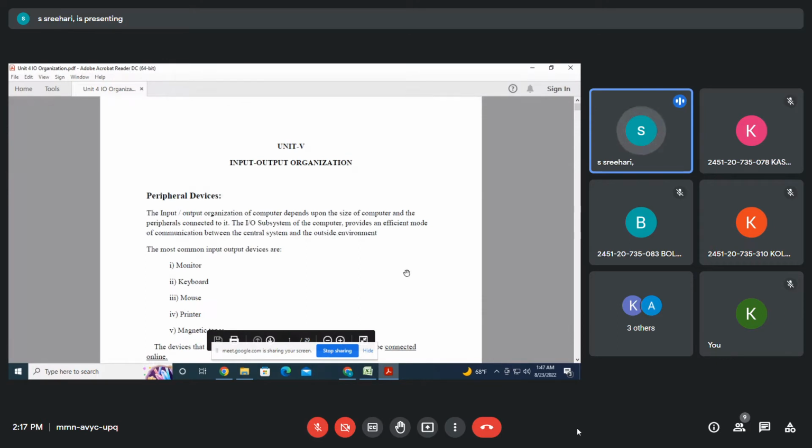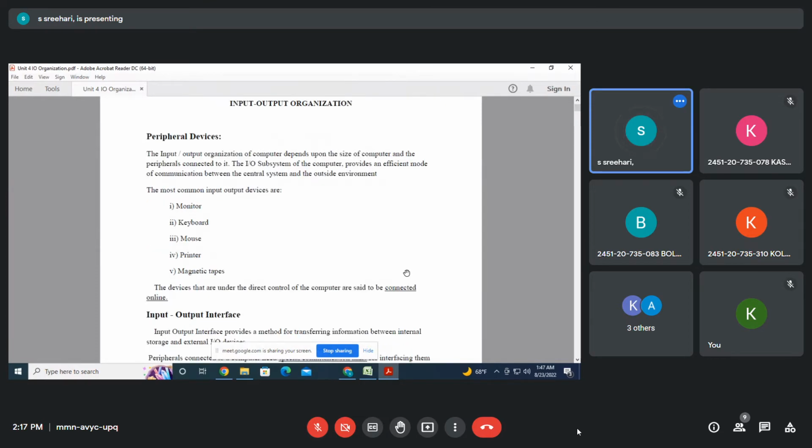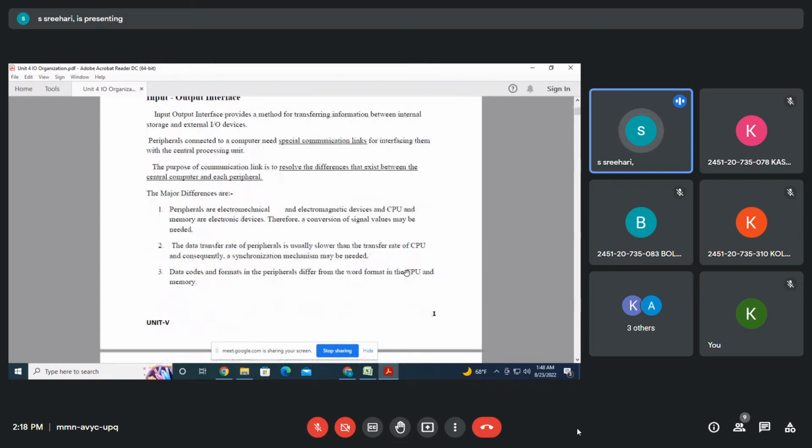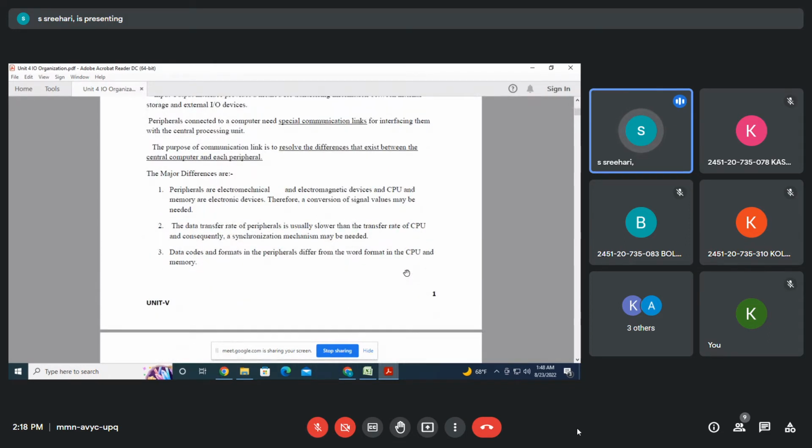How we are going to connect the input output devices to the processor, and what steps and techniques we use. Basically IO interfacing is required. What is the requirement of IO interfacing?